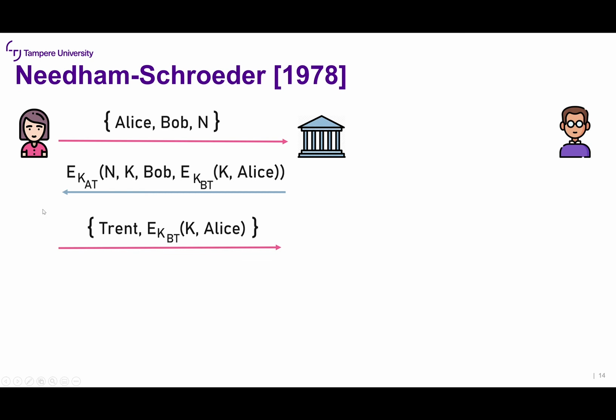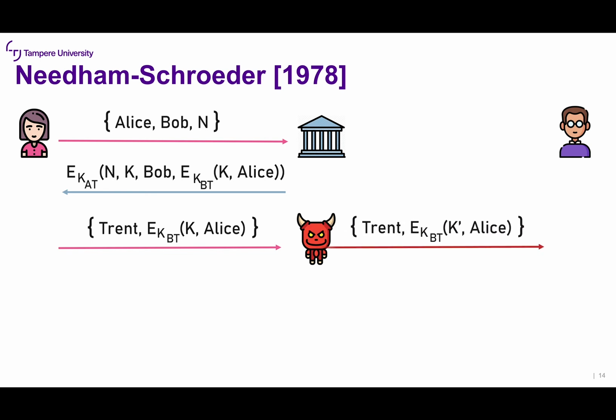Good. But now this message would be intercepted by our malicious adversary Eve. What she can do is forward another message to Bob that contains Trent's name and information that is encrypted with KBT, contains a K prime, a session key different than the key that was generated by Trent in that run of the protocol, as well as Alice's name.